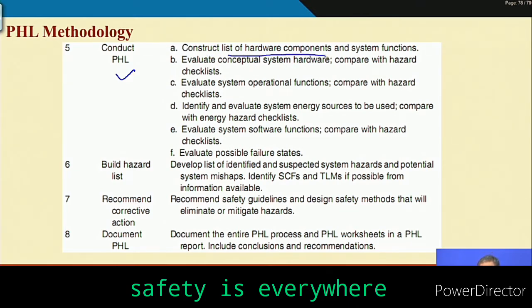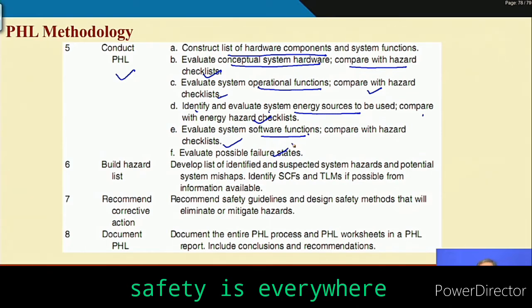Construct list of hardware components, evaluate conceptual system hardware, compare with hazard checklist, operational function compared with hazard checklist, then identify and evaluate system energy sources, compare with energy hazard checklist, evaluate system software function, compare with system hazard checklist, evaluate possible failure states.